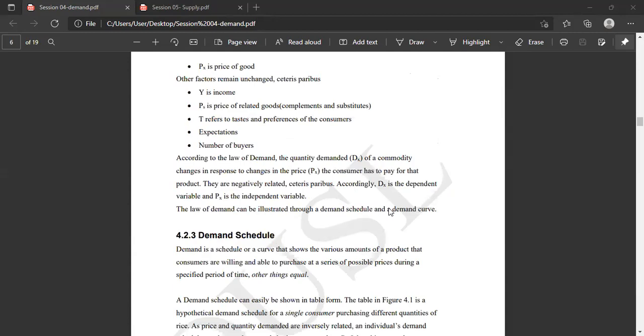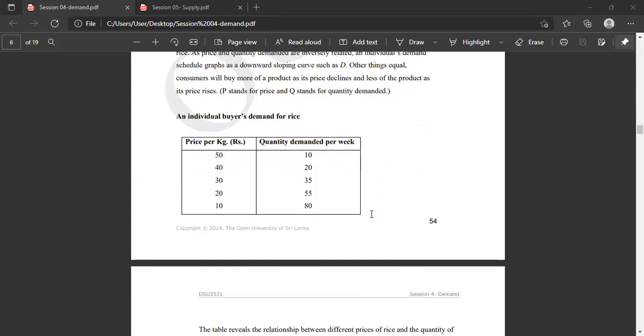So if anybody asks you what is the main factor that determines demand, you must say that price of the same product.